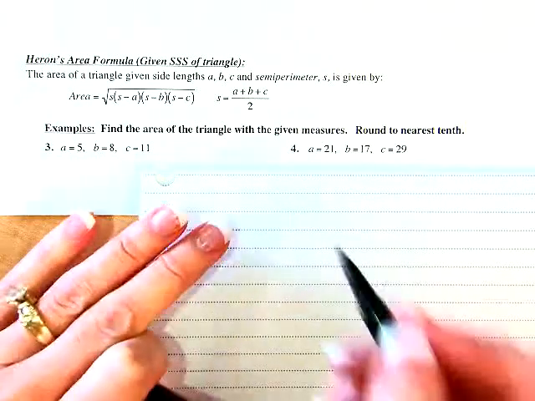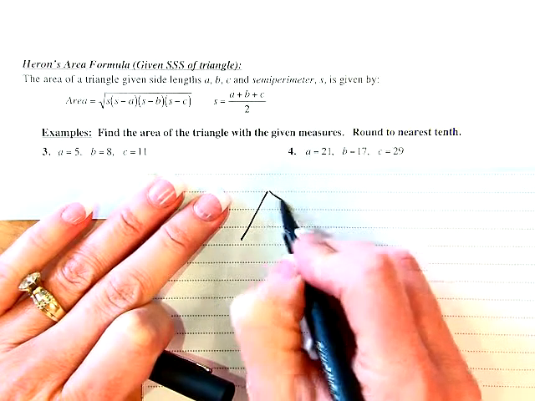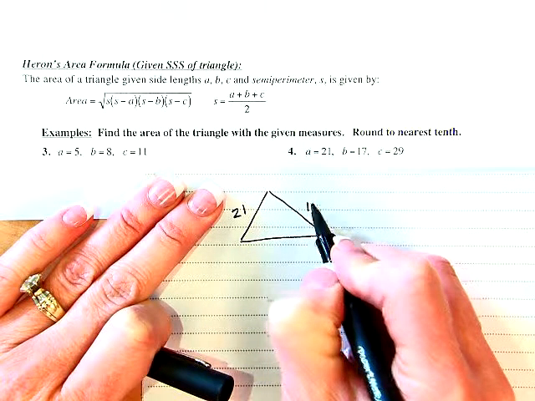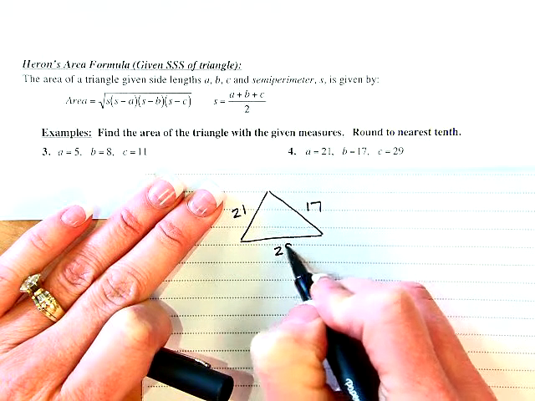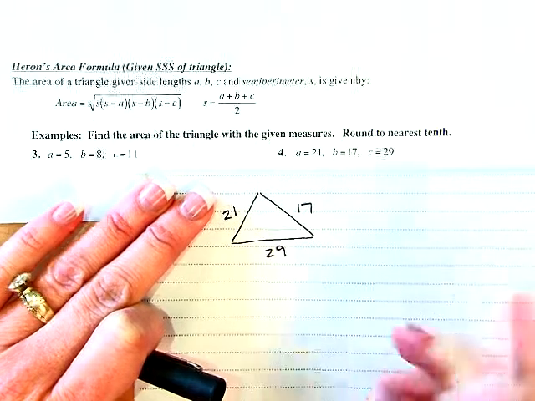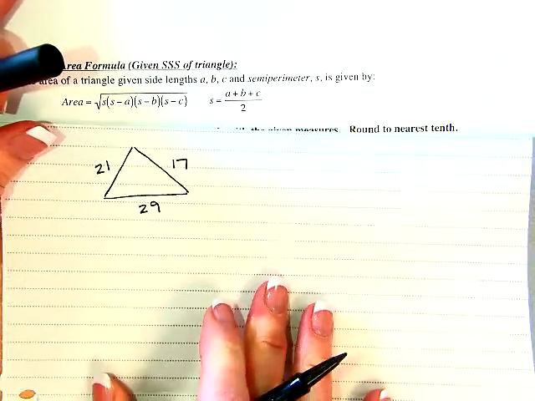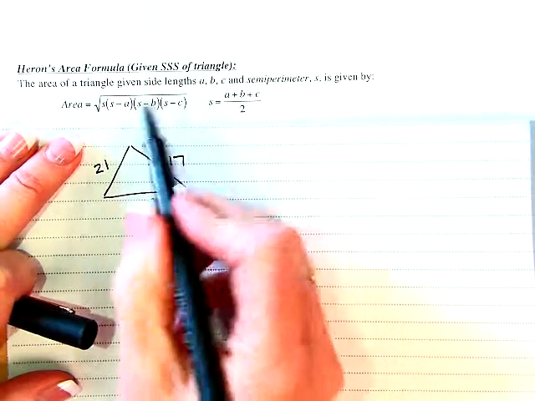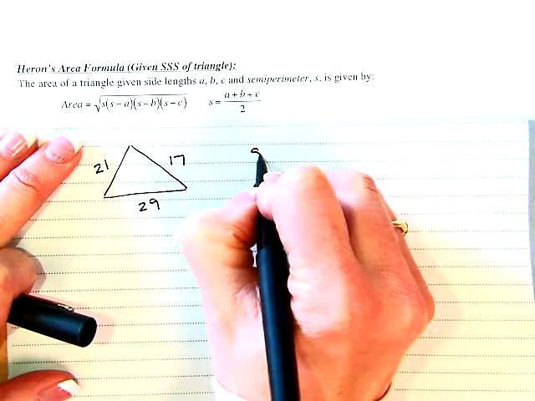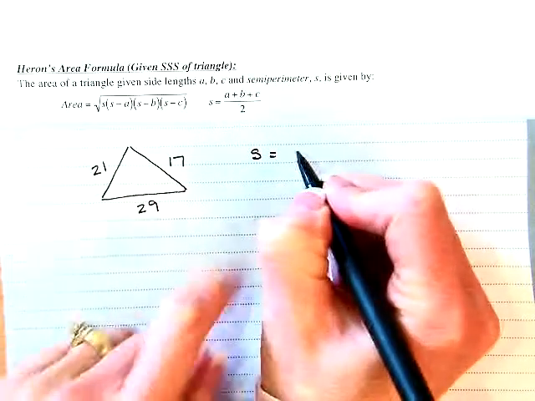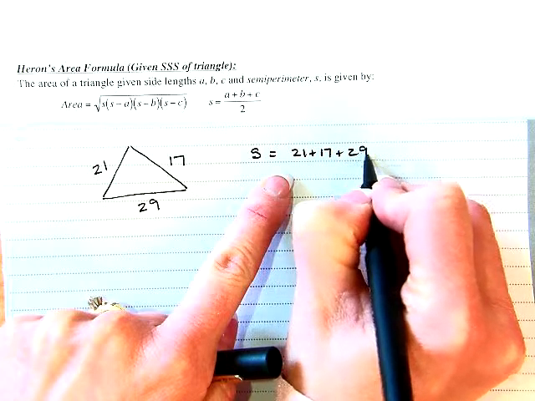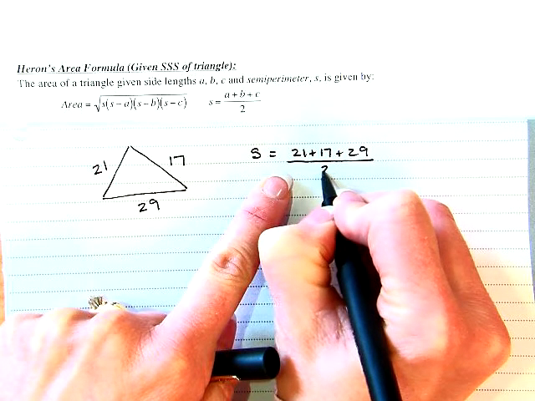So basically you have this triangle, and the three sides are 21, 17, and 29. And the formula up here is to first find the semi-perimeter so you can use it. So the semi-perimeter is simply taking 21 plus 17 plus 29 and then dividing that by 2.